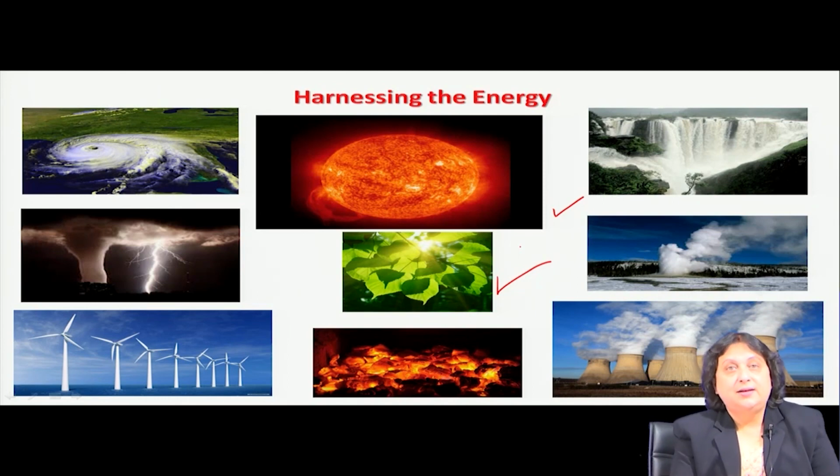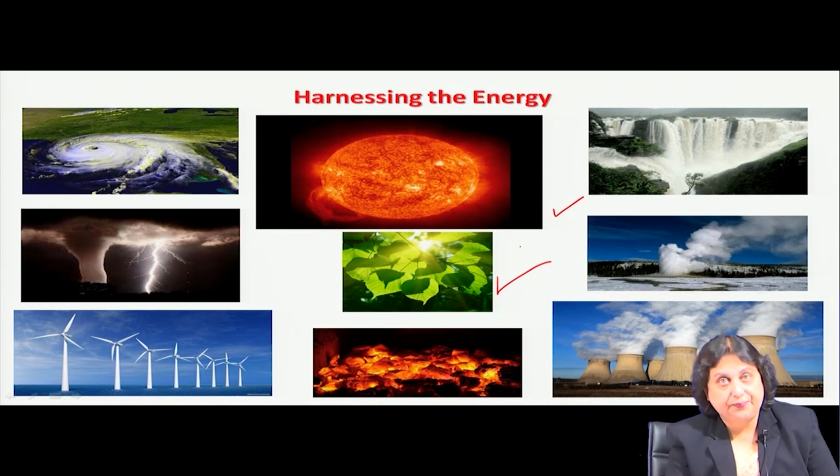And that is the reason why we as human beings would like to employ energy all around us to do much more useful work than just manufacture our food. And therefore, we have to harness energy with a much better efficiency.